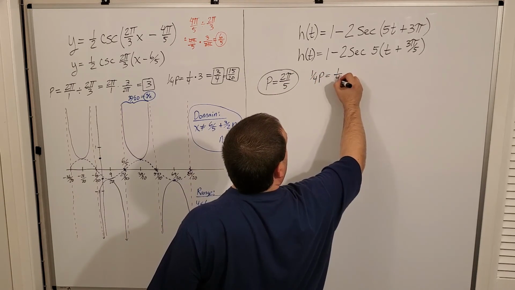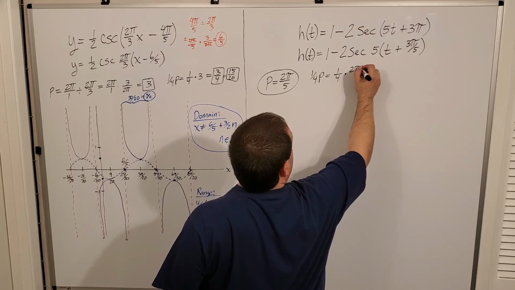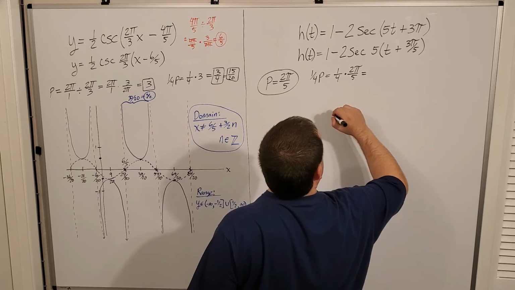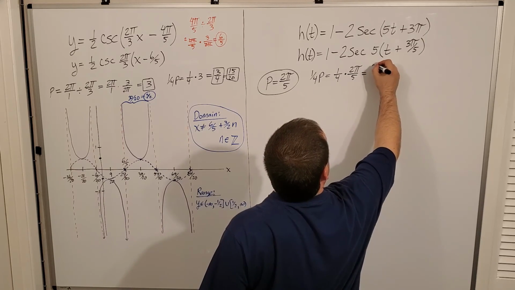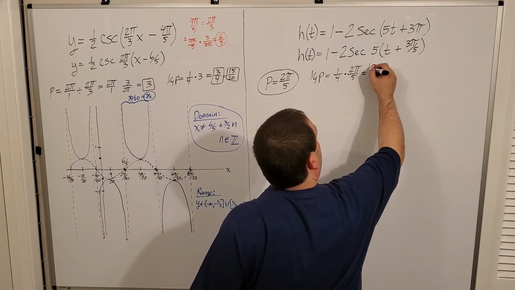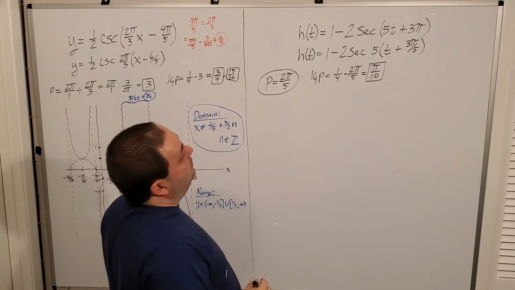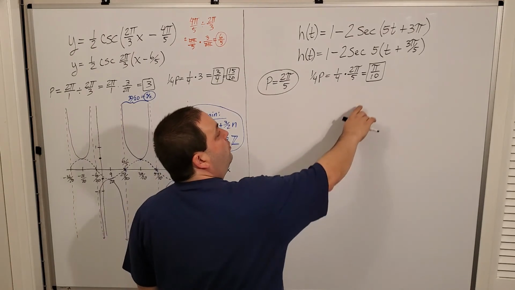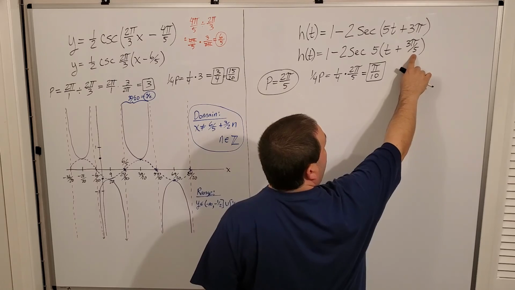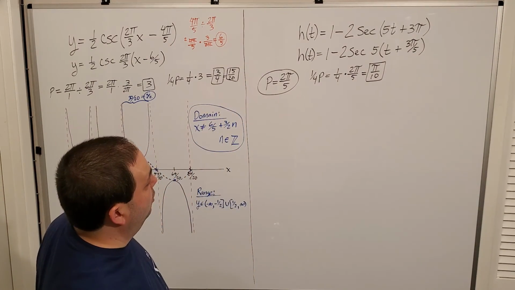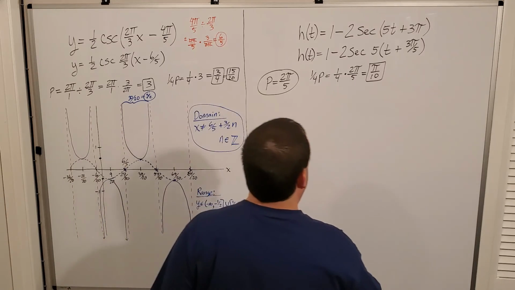Quarter period is going to be 1/4 times 2 pi over 5, which is going to give me pi over 10. So there's my quarter period there. Okay. Just like before, do you notice that the quarter period does not have the same denominator as the shift? So I'm going to have to do a little bit of denominator work there with my numbers.